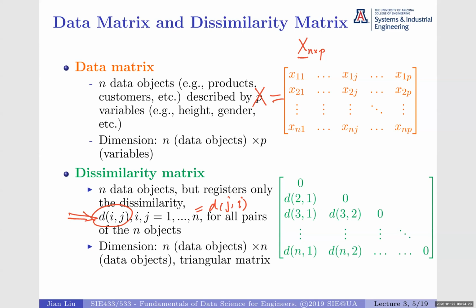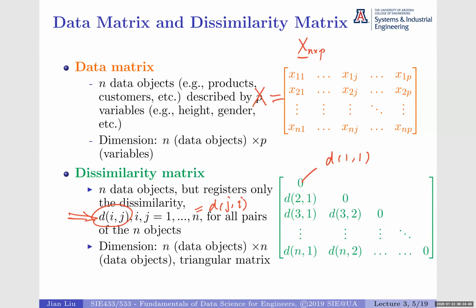On the diagonal elements, we put 0 because those are the dissimilarity between the first data object and the first object. What is the difference between you and you? You're identical, so dissimilarity is 0. That's why all 0 on the diagonal elements. Off diagonal will be the dissimilarity between two different objects.